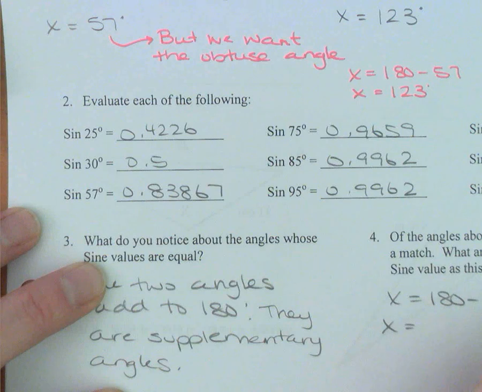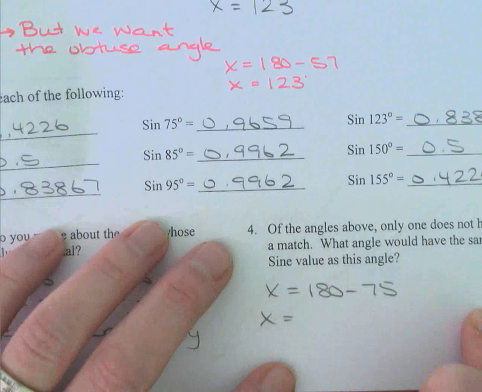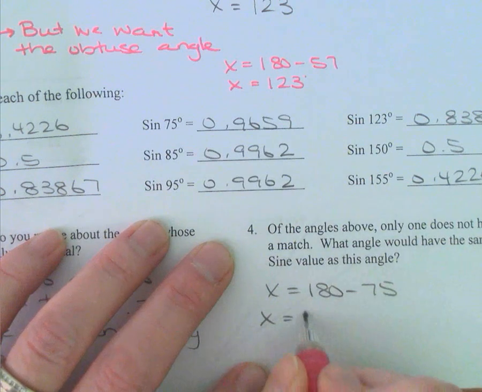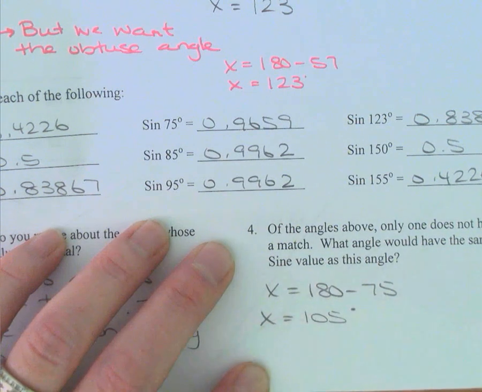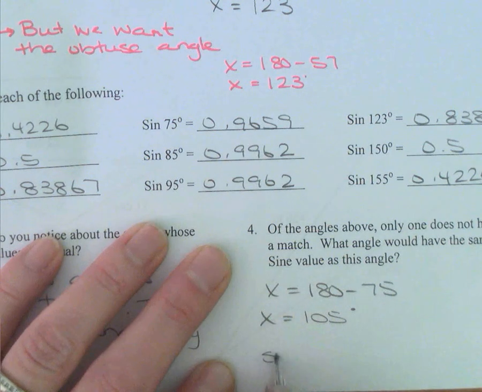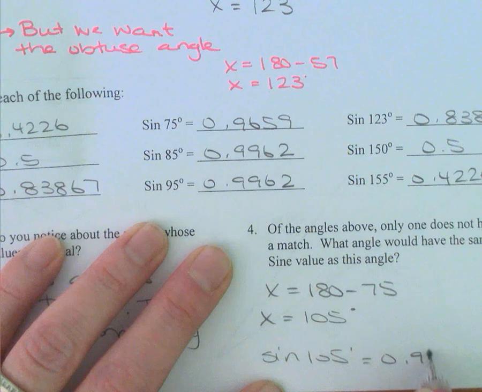This one was acute. So the obtuse angle, because it lied to me, would be 105. So if I check, I can do sine of 105, and it equals approximately the same thing.